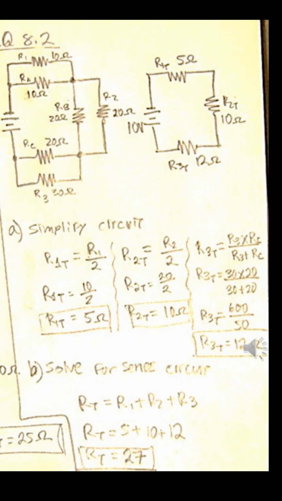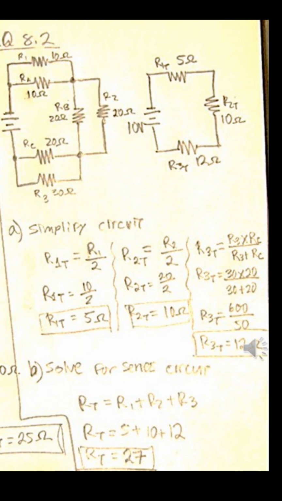In that case, 10 ohms divided by 2 gives us 5 ohms. Next, we find R2 total, which again is R2 divided by 2, since we again have equal value resistors. This simplifies the circuit to a series circuit instead of a complex or combination circuit. So R2 total is 20 ohms divided by 2, which is 10 ohms.